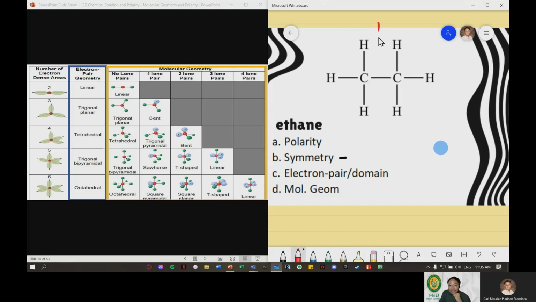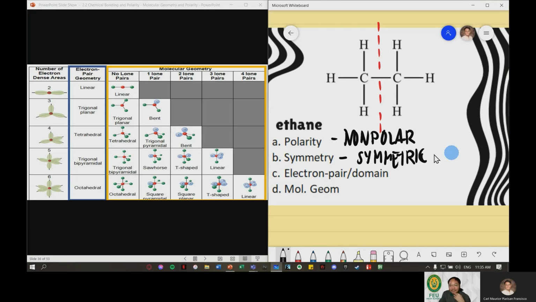Now, from the looks of it, if we have here a distribution check, left and right side of the ethane are equally distributed. So therefore, if they are equally distributed, we have symmetric. And then automatically, if it is symmetric, it would be non-polar. Okay? It's that easy. If you see these kinds of molecule.